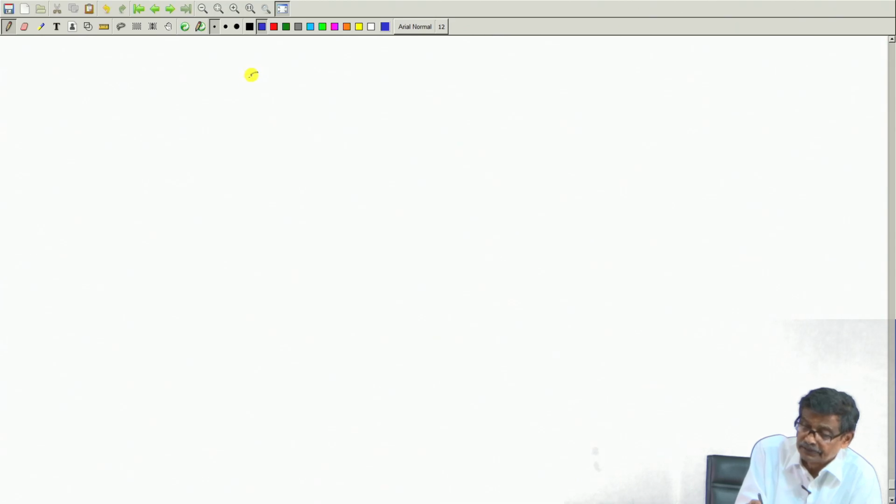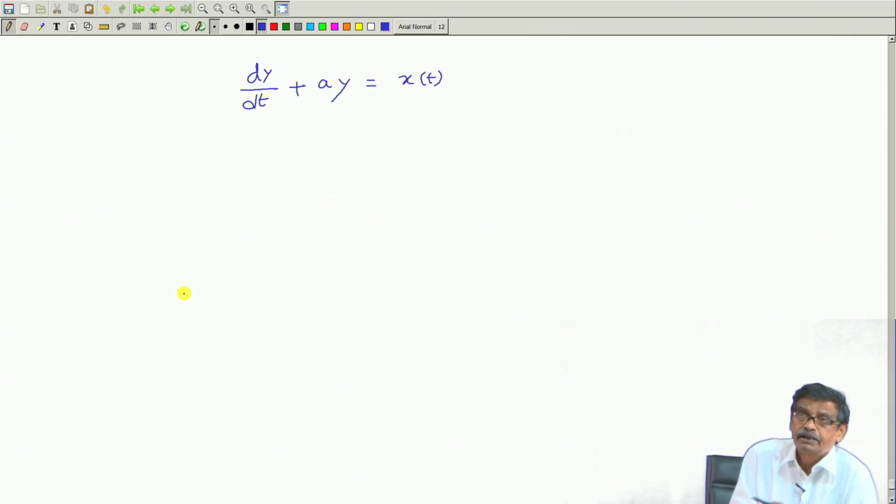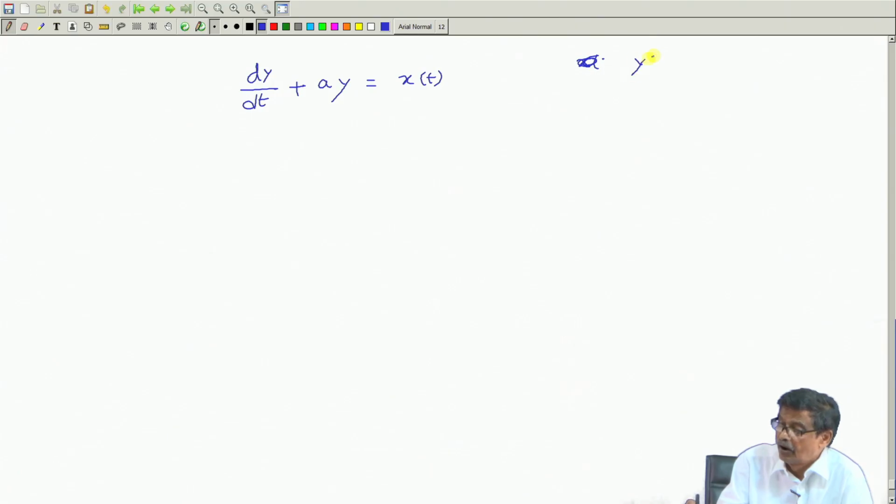We have seen that for the first order differential equation dy/dt plus A y is equal to x(t), it may be voltage, y may be current, and so on. In mechanics, y may be displacement, x may be applied force. Anyway, whatever it is, the output boundary condition is given, suppose it is 0, I am assuming.